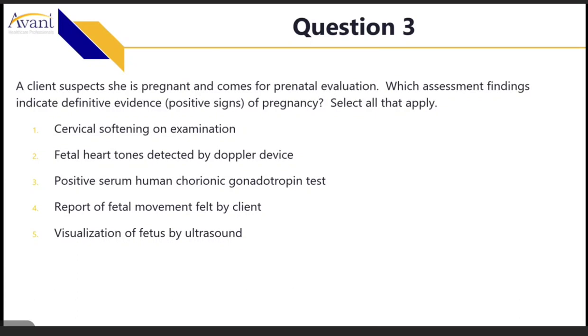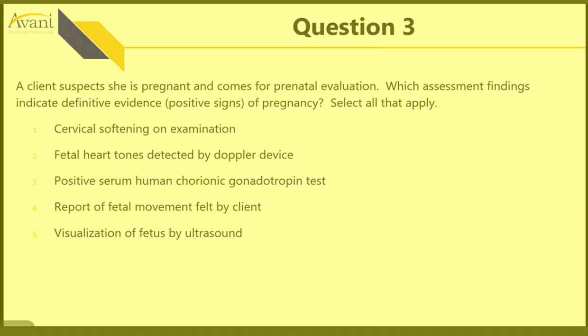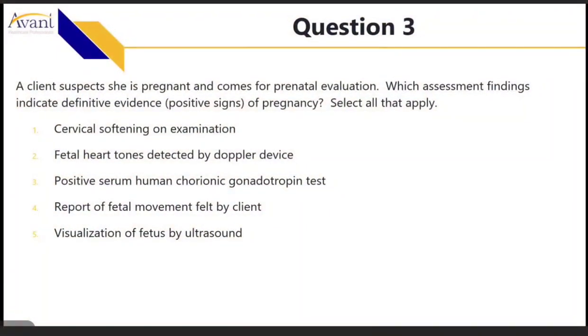Probable signs are signs of pregnancy observed by the HCP during assessment. So the cervical softening is a probable sign. So I take that back. So cervical changes, positive pregnancy tests, objective things, outside the mom. And they are still, though, possible that they could have some other cause.